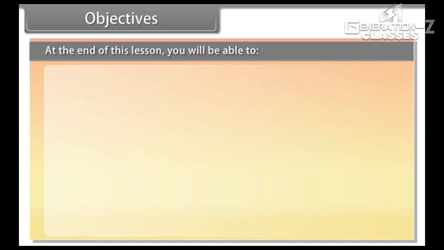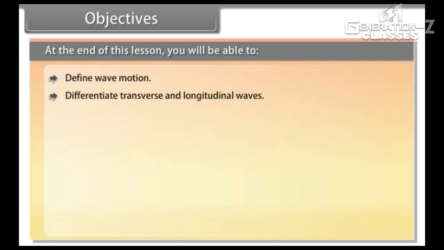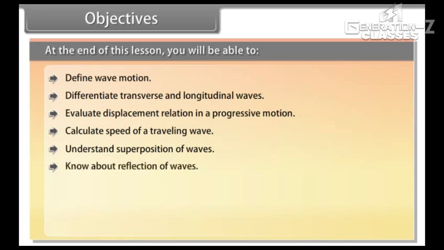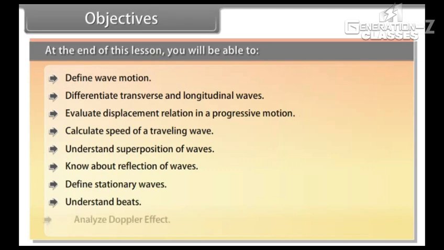At the end of this lesson, you will be able to define wave motion, differentiate transverse and longitudinal waves, evaluate displacement relation in a progressive motion, calculate speed of a traveling wave, understand superposition of waves, know about reflection of waves, define stationary waves, understand beats, and analyze the Doppler effect.